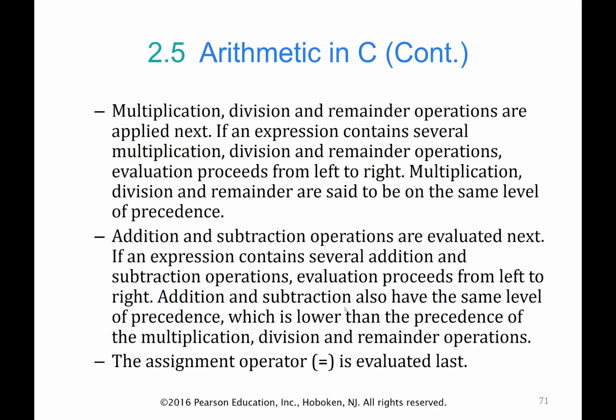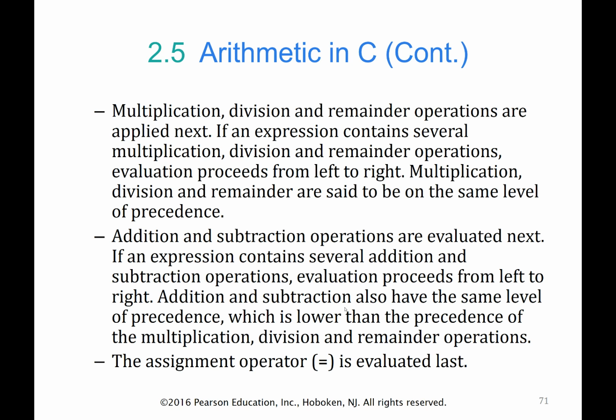So this is the order. Multiplication, division, and remainder are done after anything done in parentheses. So whatever's in the parentheses is done first, then multiplication, then addition and subtraction. It turns out it doesn't matter which order you do addition and subtraction, nor does it matter which order we do multiplication, division, and modulus operations.